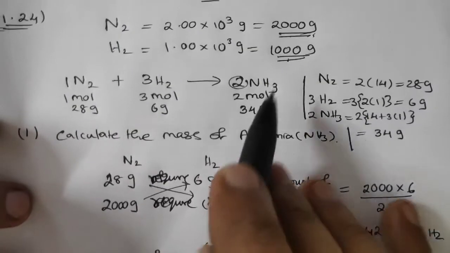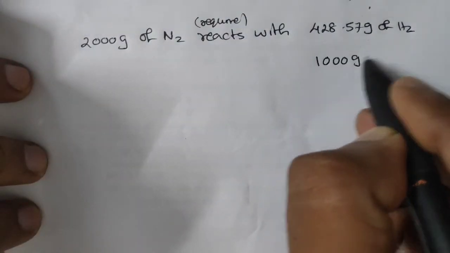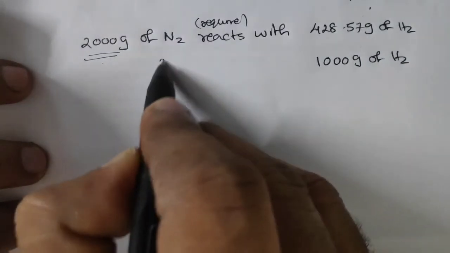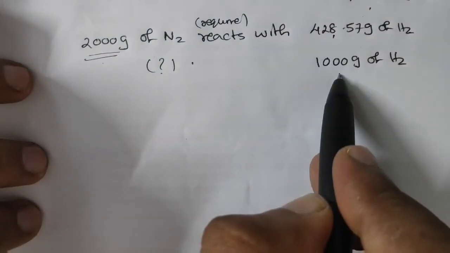But in the question when you see 1000 gram is given, right? So we have actually 1000 gram of H2, and if you compare this 1000 gram, this N2 is less. Understood? Means this is given in excess.